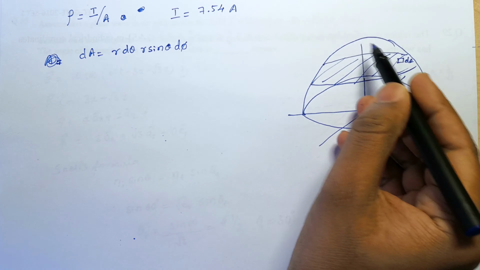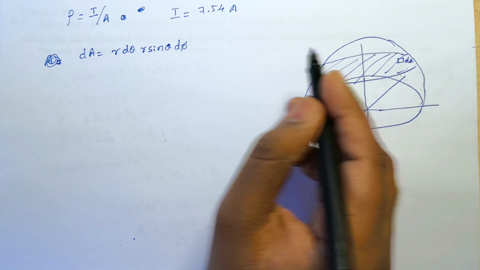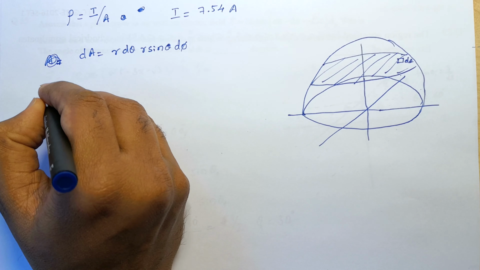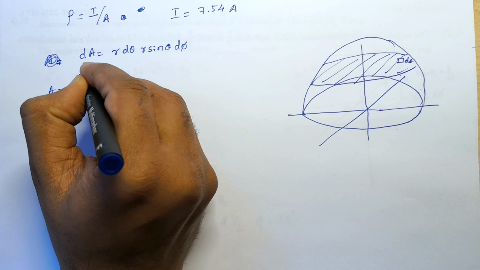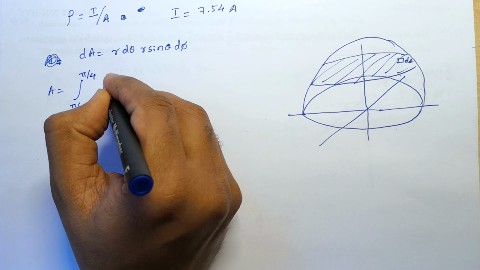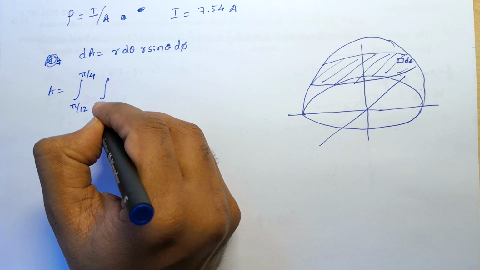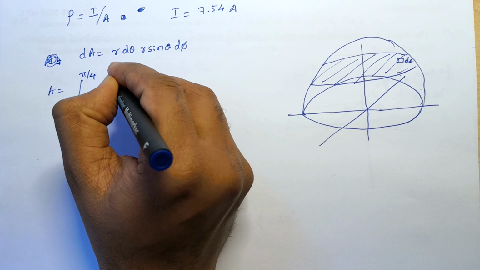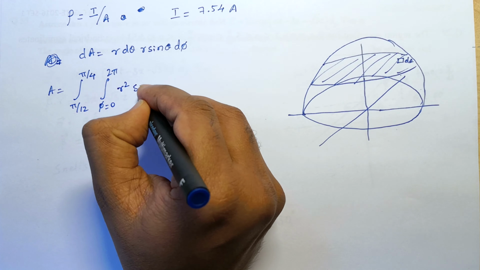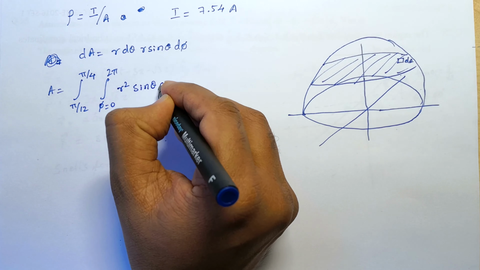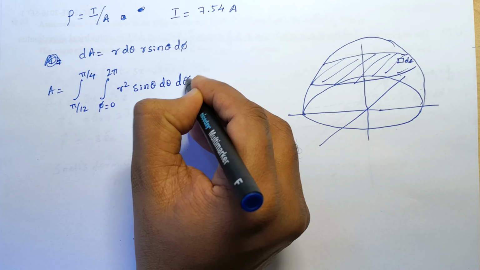So the area covered by this portion of the sphere is A equal to the integral with theta from pi by 12 to pi by 4, and phi from 0 to 2 pi, of r square sin theta d theta d phi.